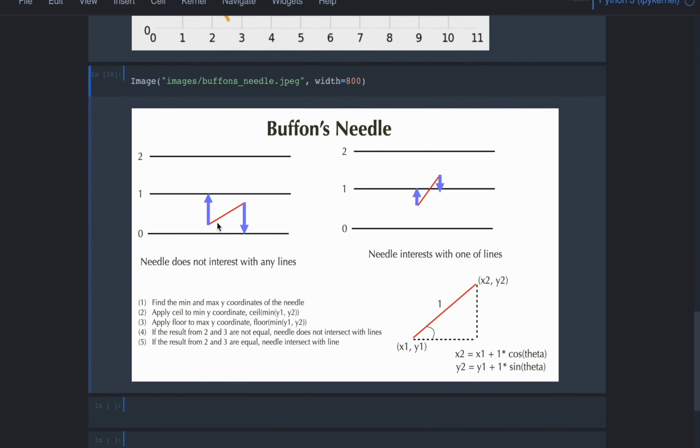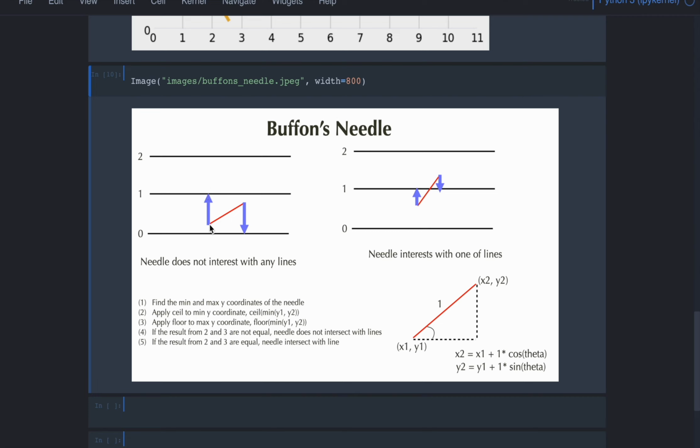But what we do is, we take the lower value of y, which let's say in this case happens to be some 0.3. So if this is 0, this is 1, let's say 0.3. Now we apply ceil, which means we are rounding it up to its nearest integer on the higher side.